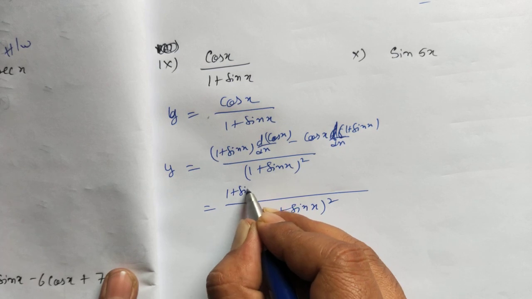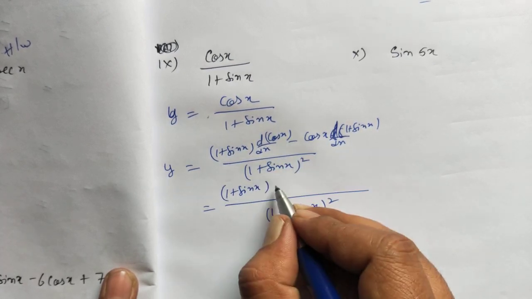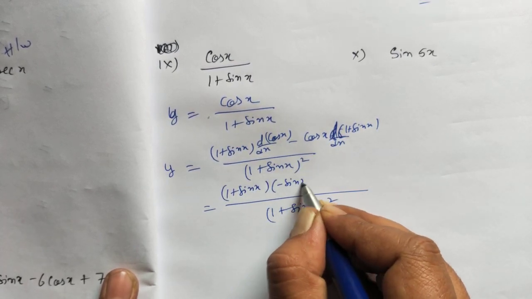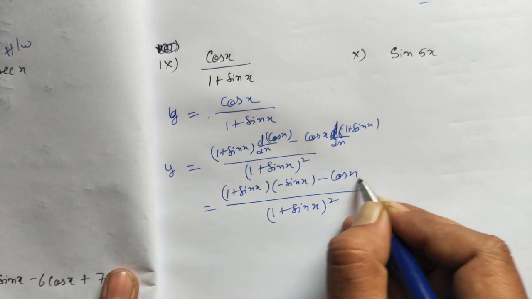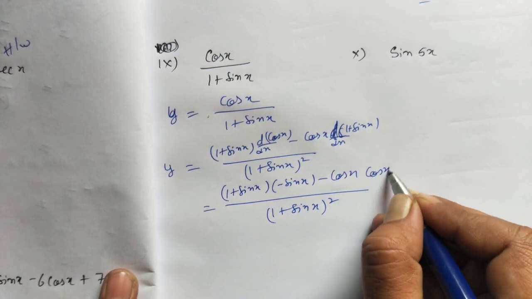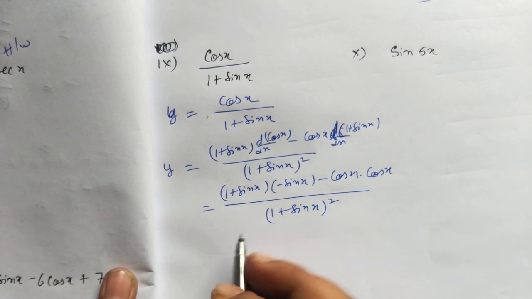One plus sin x. If we derive cos x, we get minus sin x. If we derive sin x, we get cos x. So no need to think, derivative of 1 is 0.